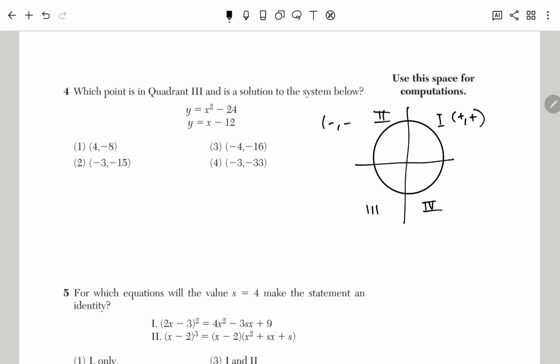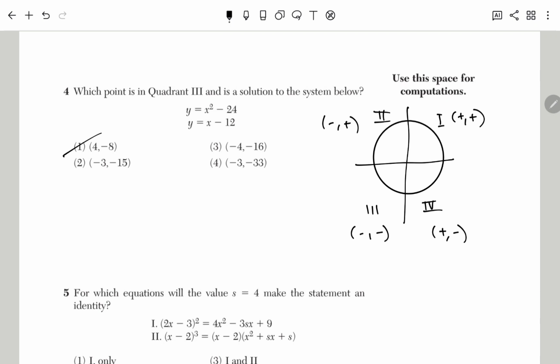Quadrant 2 is negative, positive. Quadrant 3 is negative, negative. Quadrant 4 is positive, negative. Haneen, why did you do this? Well, I want to see if I can eliminate any of my answer choices. I can eliminate answer choice number 1 because it's in quadrant 4. Quadrant 4 tells me that my x is going to be positive and my y is going to be negative. So that can be eliminated.